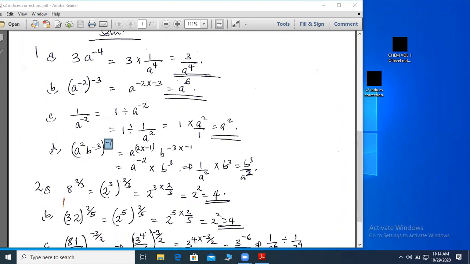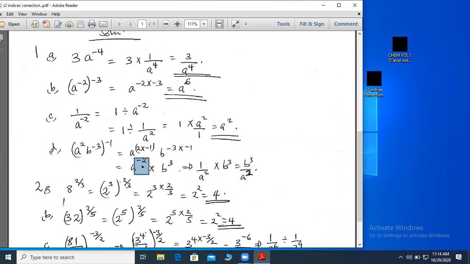So this one gives us a to the power 2 times -1, then b to the power -3 again times -1. So 2 times -1, the answer is a to the power -2, and -3 times -1, the answer is b cubed.